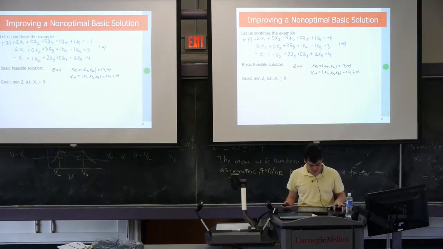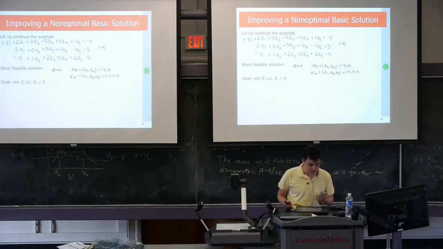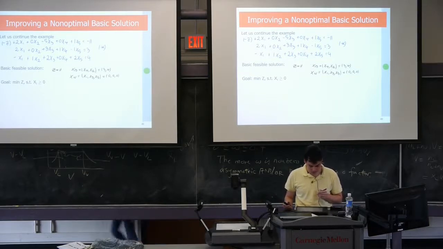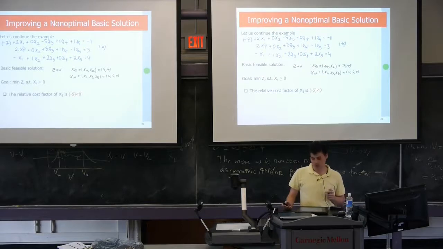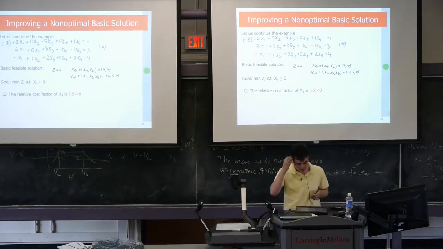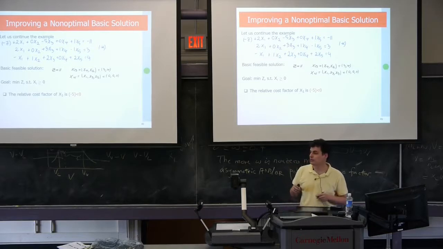So our goal is to minimize z such that all those x variables are non-negative. And the coefficients in the cost function are called relative cost factors. Cost factors because they are part of the cost function, and relative because whenever we do a pivot, these values change.